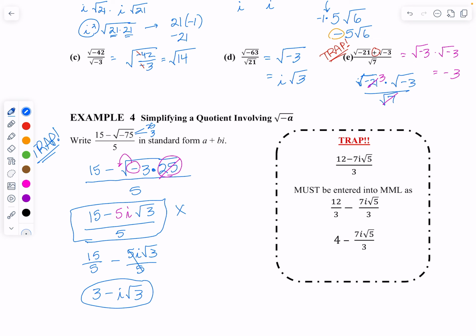So let me show you one more trap. This is a MyLab trap. Okay, this is not a trap that is for my test, but in MyLab, you need to know it. So on my test, notice you have a 12 on top, a 7 on top, and a 3 on bottom. Even though 3 goes into 12, it does not go into 7, so I cannot split this.